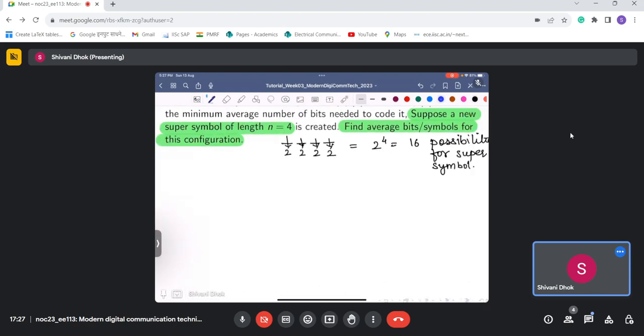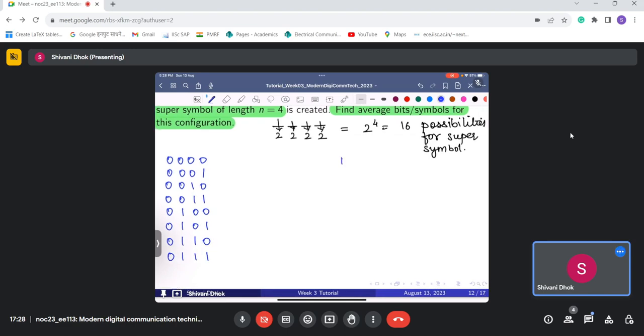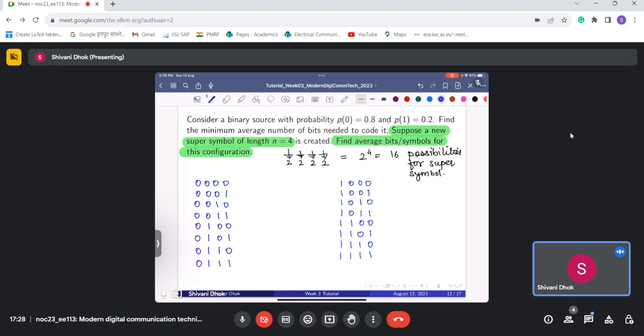Okay, so those will be 0000, 0001, 0010, 0011, 0100, 0101, 0110, 0111, and the next set will be 1000, 1001, 1010, 1011, 1100, 1101, 1110, 1111. These are the 16 possibilities that we are having here, and each of them will have some probability.